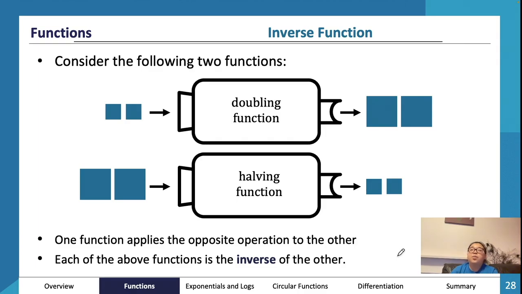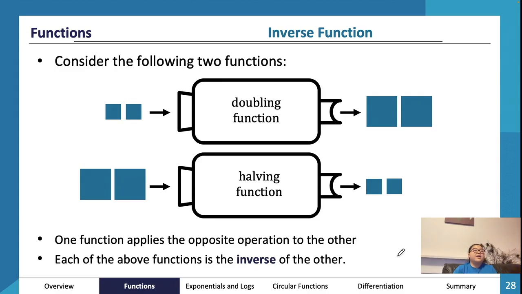So remember, functions are machines. If a function was a sewing machine, then the inverse function of that would be a stitch breaker, right? So it's kind of like the opposite of that.